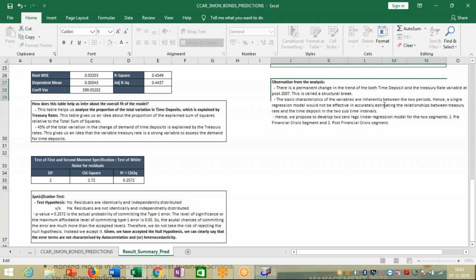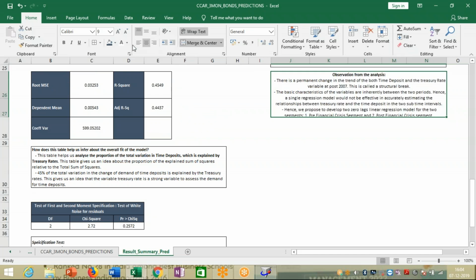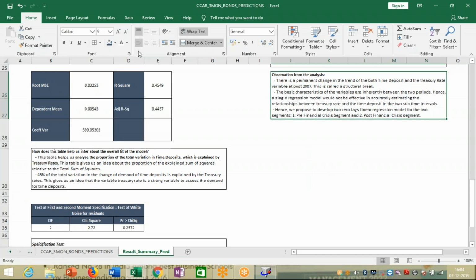So this is how these two will be divided, and for each of these two, we will try to develop models.